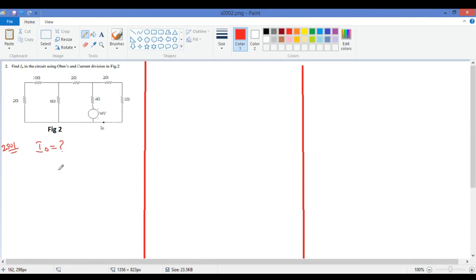Now you see, let us do step one. How do you find out I naught? I naught, according to Ohm's law, you know that Ohm's law, V is equal to IR. So from that, if I we need to find out, I is equal to V by R. Okay.